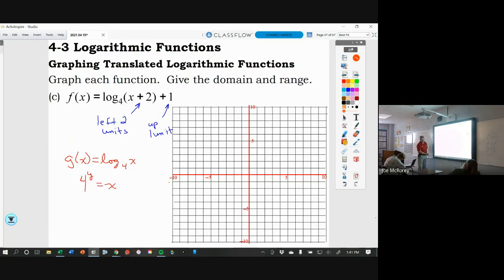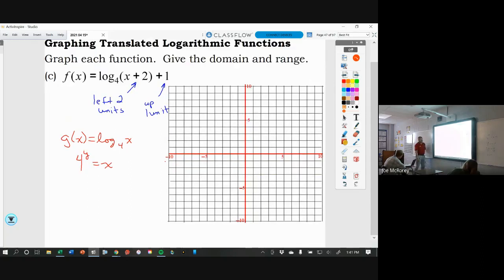Let's make a T table with y values -1, 0, and 1. When y is -1, x is 1/4. When y is 0, x is 1. When y is 1, x is 4.